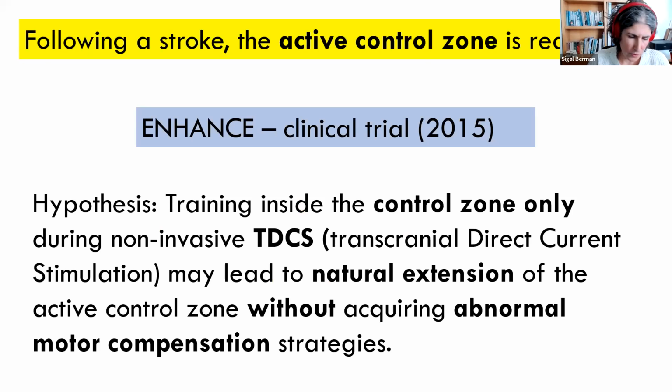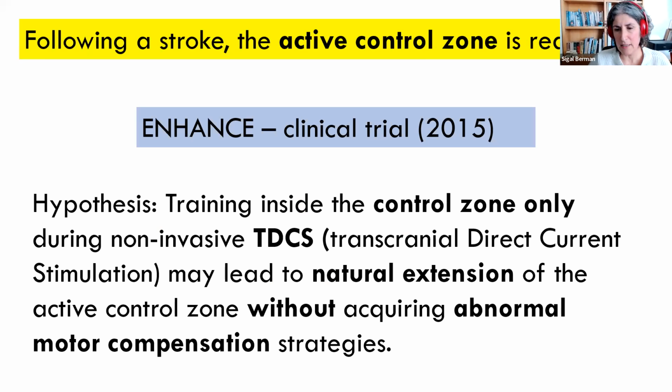So one of our first attempts in going into this direction was in the enhanced clinical trial that started way back before the Corona days in 2015. The basic hypothesis was that we would train inside the control zone only while applying transcranial direct current stimulation.